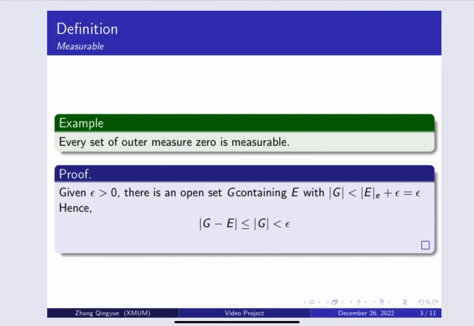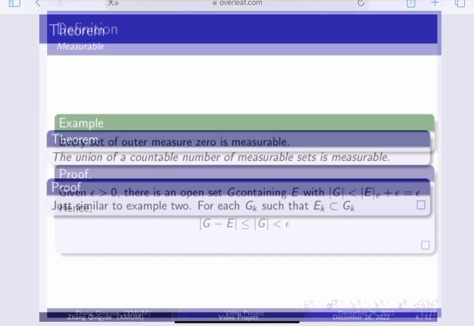So the set of outer measure 0 is measurable.